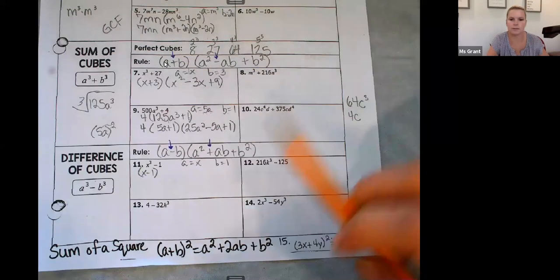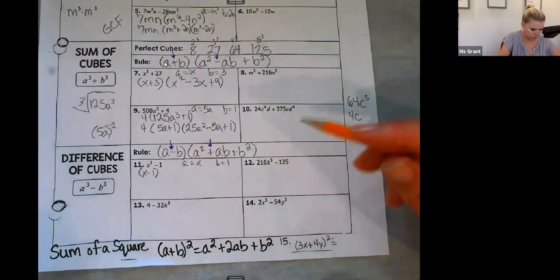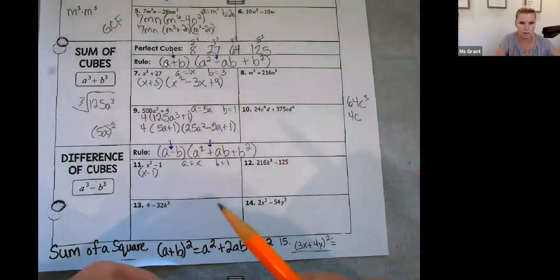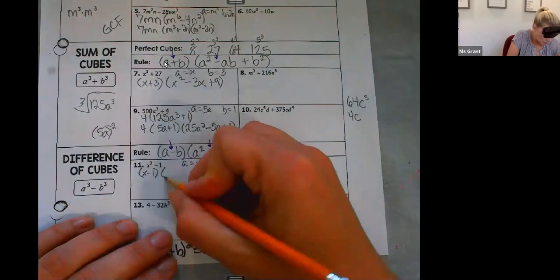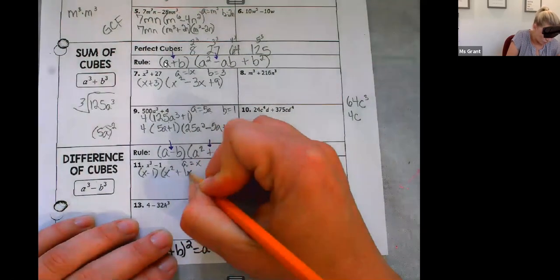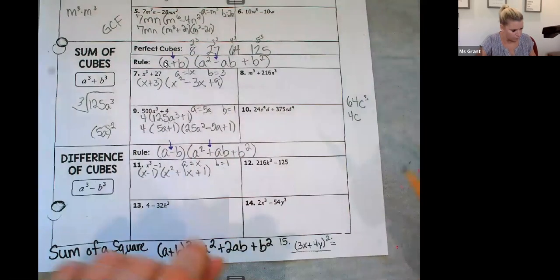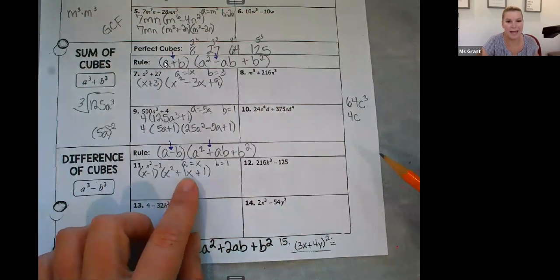Then I've got plus signs the rest of the time. Here's a, here's b: x squared plus 1x plus 1 squared, which is 1. So it's x minus 1, and then x squared plus x, you don't have to put the 1 there, plus 1.